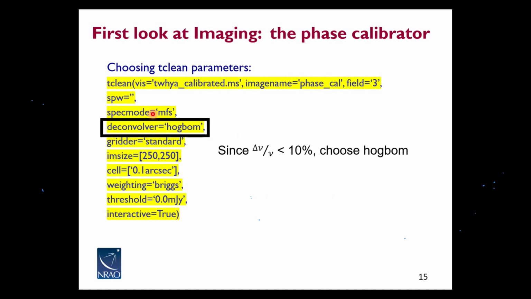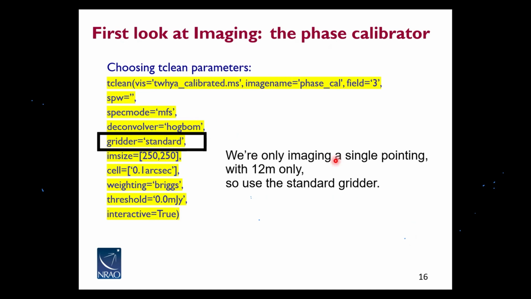But I know sometimes in band 3 or band 4, the fractional bandwidth could exceed 10%. And in this case, we might want to use the multi-term MFS deconvolver, but I'm not going deep into this, so you can always find which to use in detail in the ALMA guide on the website. And because we are only imaging a single pointing, we are just using the standard gridder.